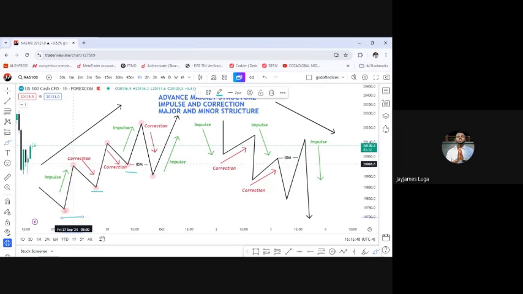By the time the market retraces or makes a correction move to create another higher low here, they will most likely want to trail their stop loss to lock in profits, because they don't want to lose money on the table, right? So as the price is going up, they are locking in profits at this point, right?